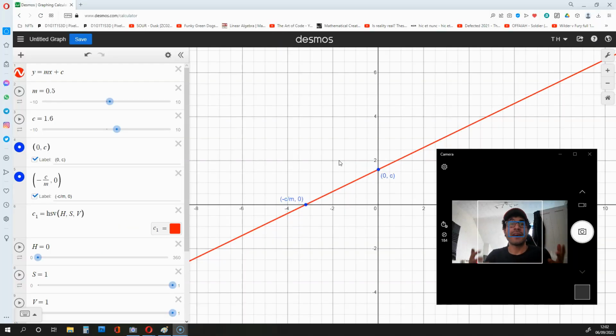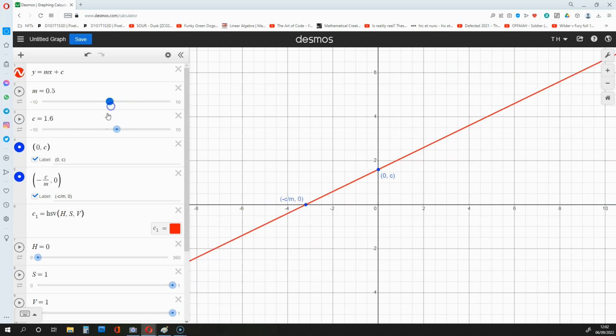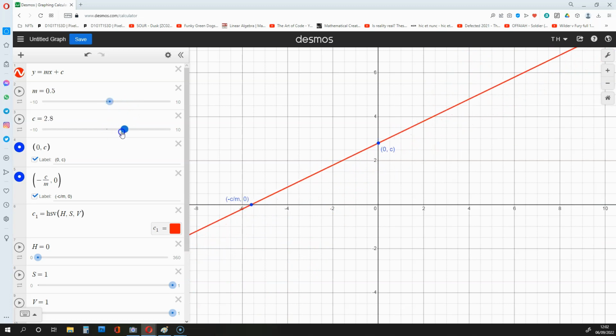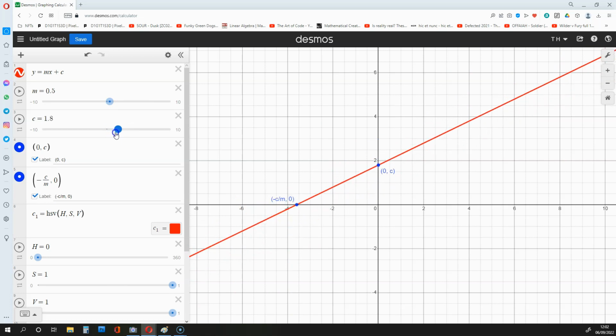Now, to see if the abstract algebra is true, you can use a graphing app like Desmos to check your results. So as you can see here, I can check if those points are indeed 0, c and minus c over m, 0.